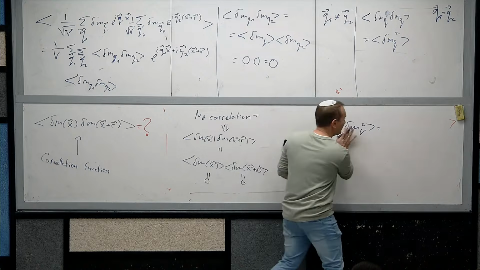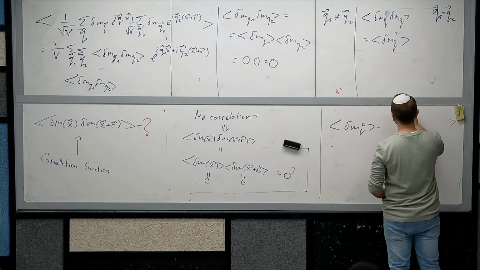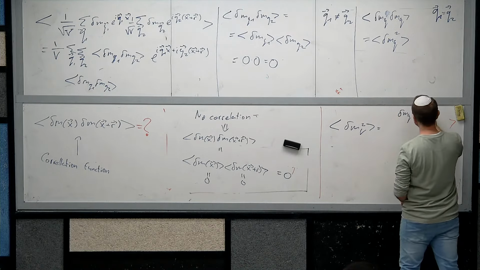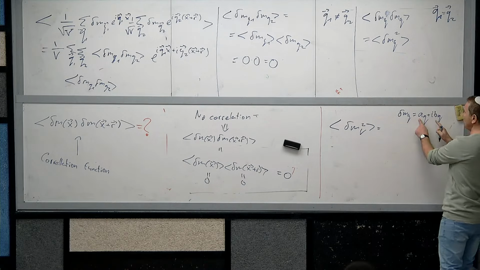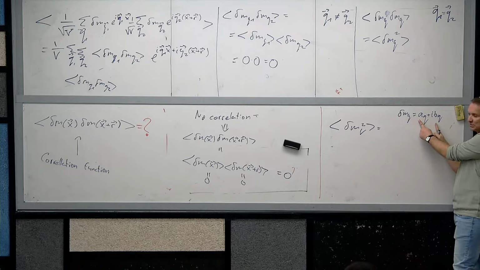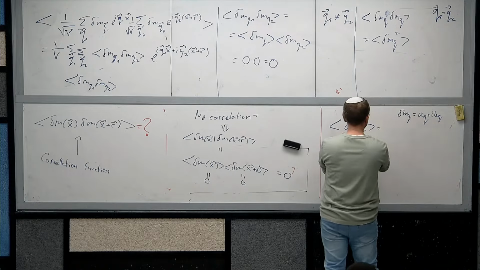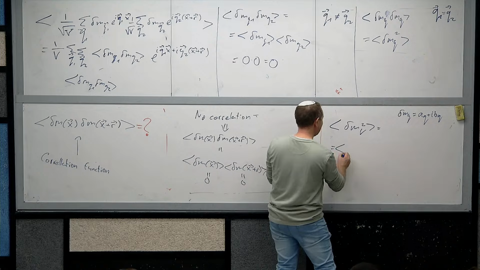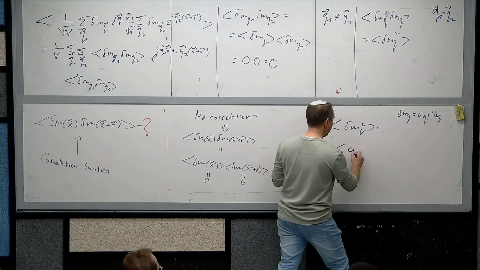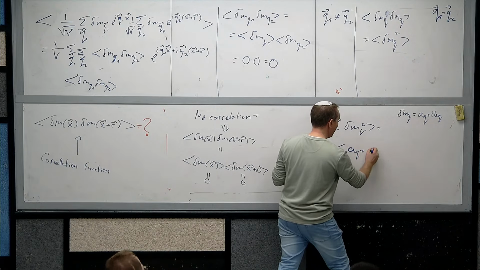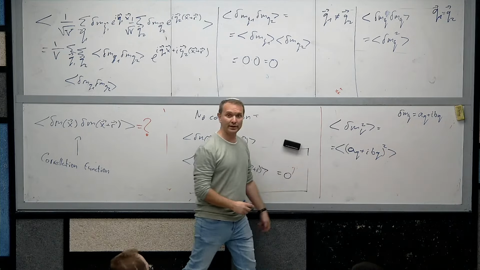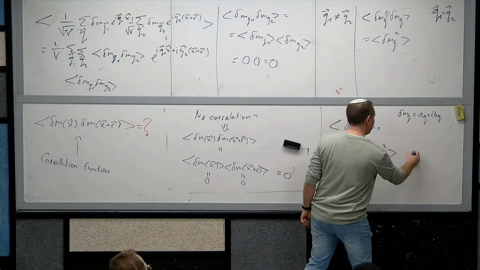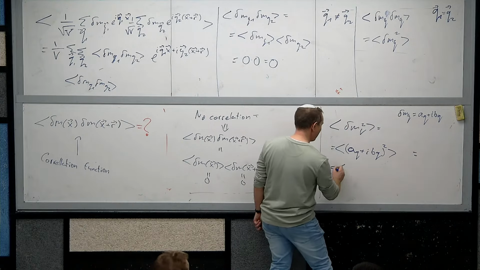I remind you that delta M Q equals A Q plus i B Q, where A Q and B Q are real numbers. So delta M Q squared equals the average of (A Q plus i B Q) squared.